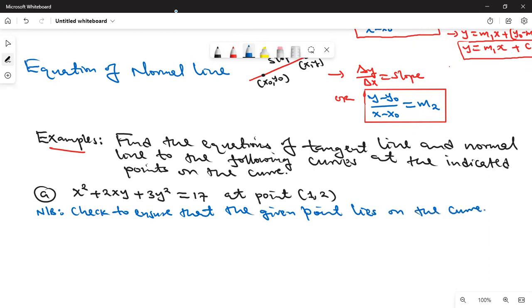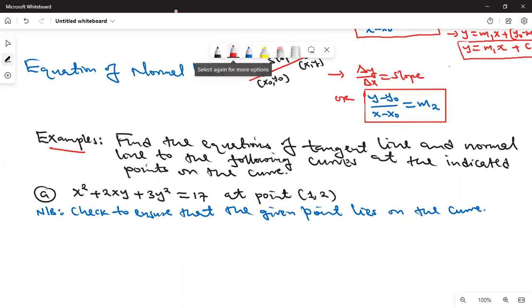You might be given a point that does not lie on the curve, then that means you cannot find the equation of tangent and normal, because a tangent must touch the curve at that point. If the point does not lie on the curve, don't even proceed to find the equation of tangent and normal. Let's see.